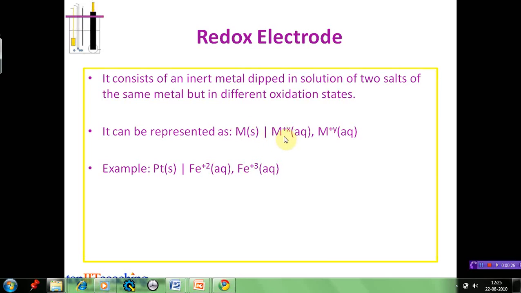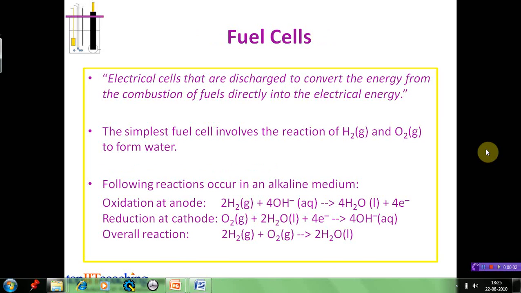This is the general representation, in which M(s) represents the metal in solid state, that is the inert metal, and M+X(aq) and M+Y(aq) denote the two salts which are of the same metal, of course, but in different oxidation states. For example, platinum, which is an inert metal, can be dipped in solution of salts of iron such that iron is in +2 state in one salt and +3 state in the second salt.